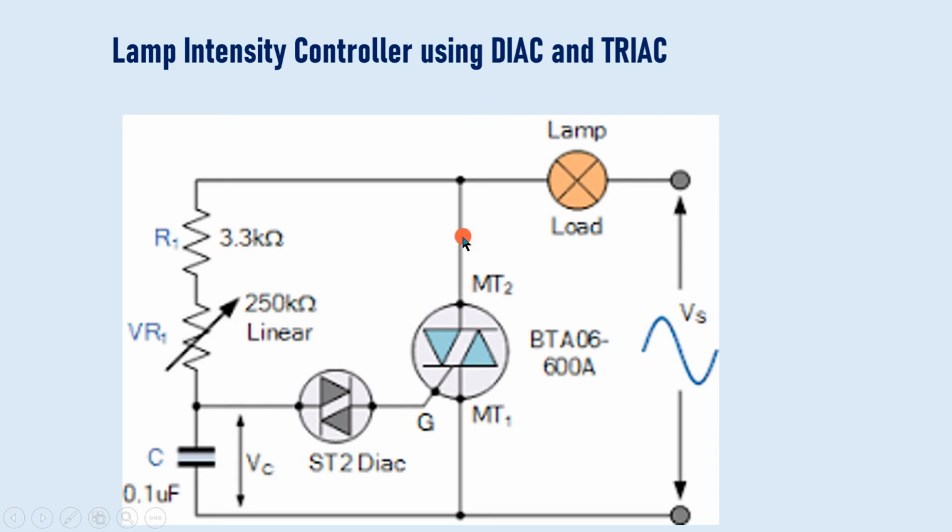So this is, you can say, a fan regulator. If you have your fan, by varying this potentiometer, the speed of the fan can be changed. Your lamp intensity will change, and this diac-triac pair is available in a single IC, and just by connecting one resistance, capacitor, and potentiometer, you get the lamp intensity control or motor speed controller using, of course, a diac and triac.